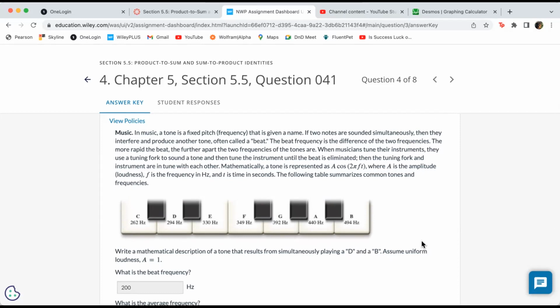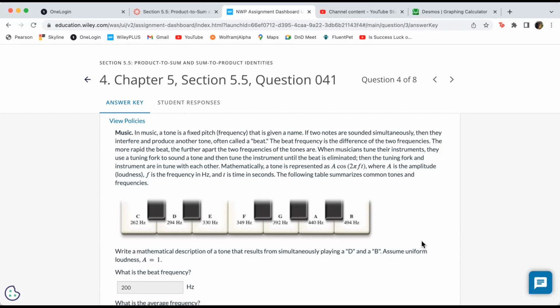So the beat is the difference between the two frequencies. That's information that we have.